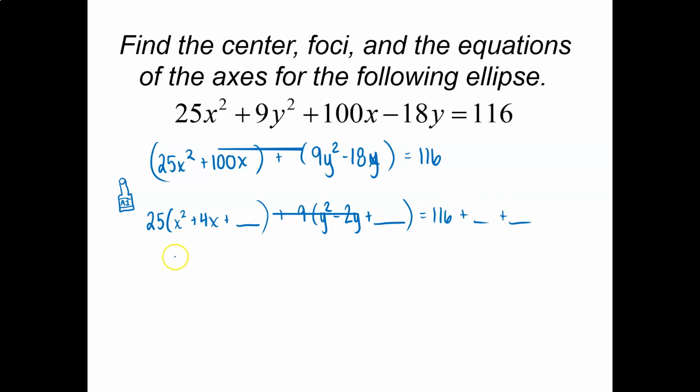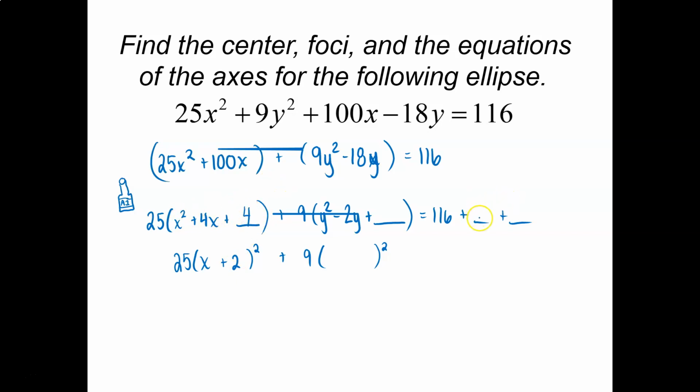Okay. So we want to complete the square on each one of these. We'll have x plus 2. We got a 4x right here. What number should I add in this blank right here? That'll be a 4.